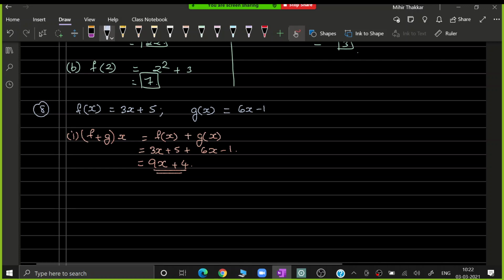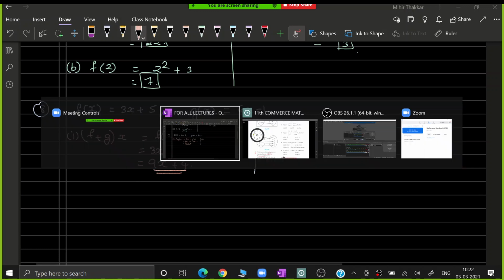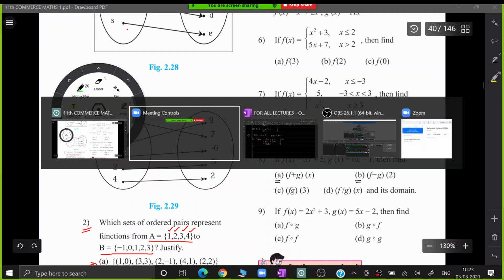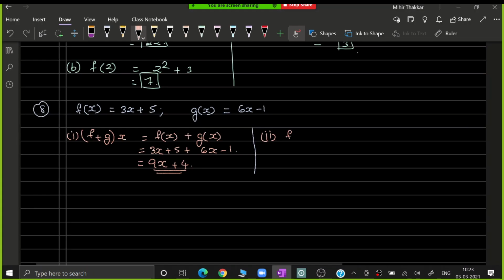In the same manner, if we want to find the value of f minus g at 2, so what we do over here, I will write over here, this is f of 2 minus g of 2. In order to find the value of f of 2, in f(x), I will replace x by 2.